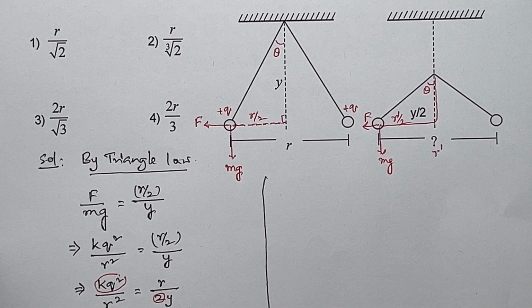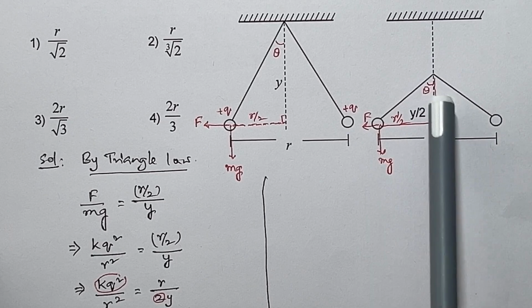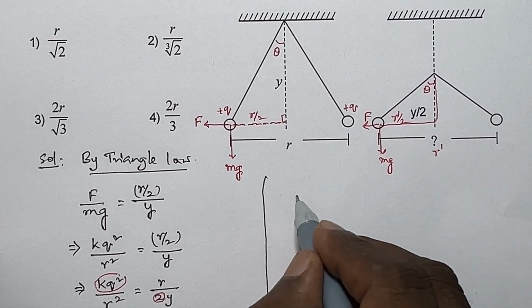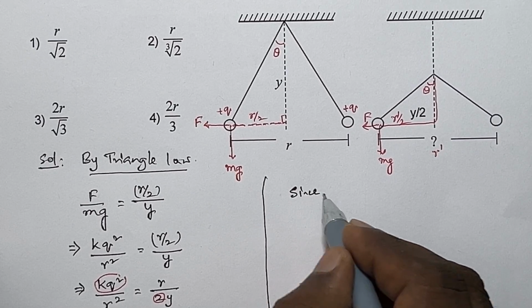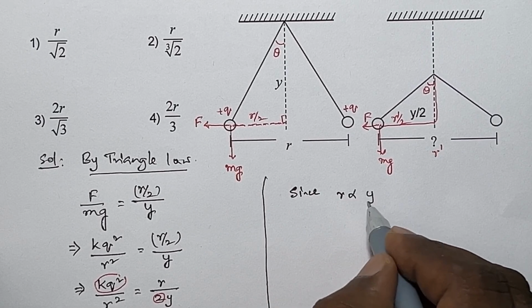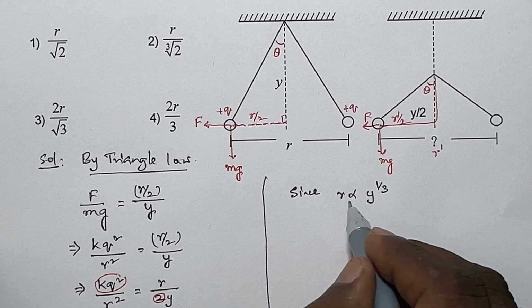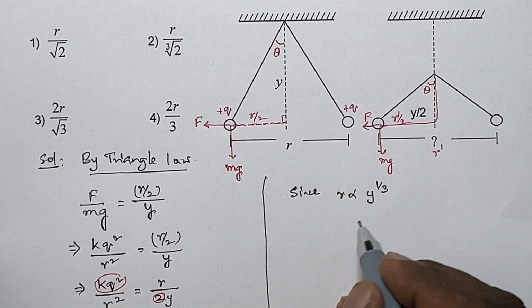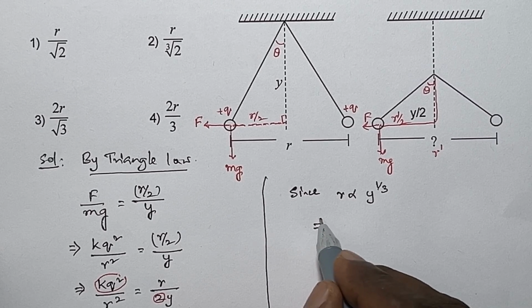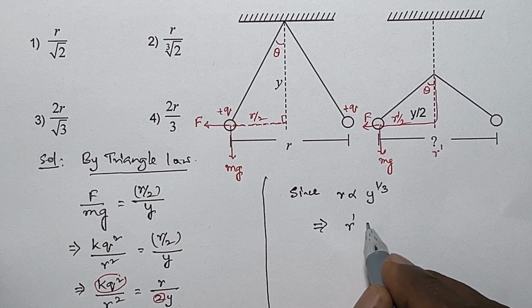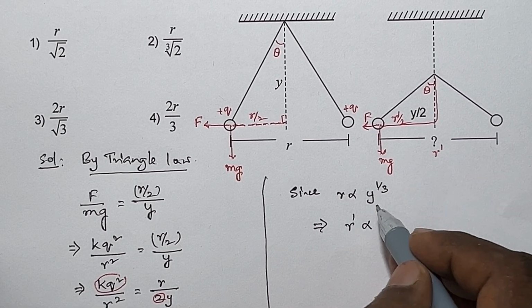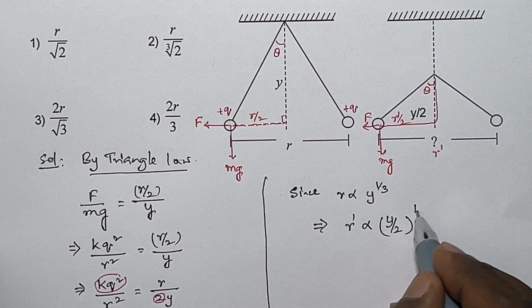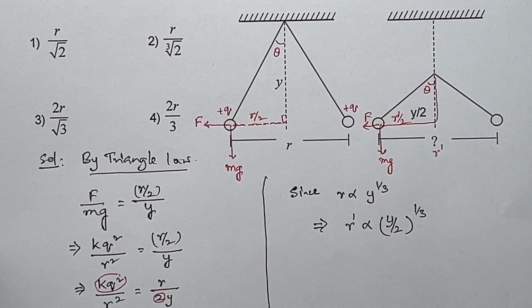Since r is proportional to y power 1 by 3, this is the relation between r and y. Here the r dash and y relation is, r dash is proportional to, in the place of y comes y by 2 whole power 1 by 3.